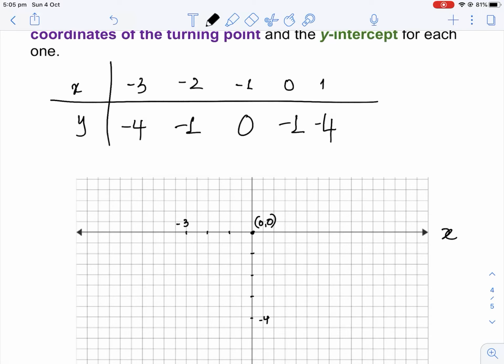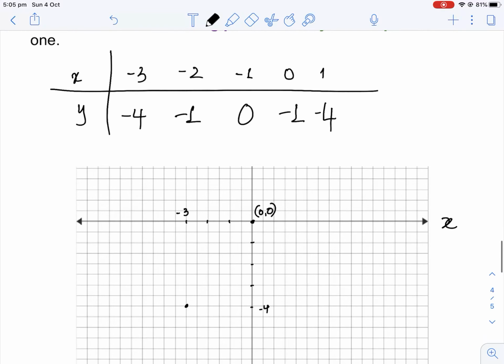Okay, so the first point that I can plot is this one. And if x equals negative 2, then y equals negative 1. The second point is here. If x equals negative 1, then y is 0. This point.